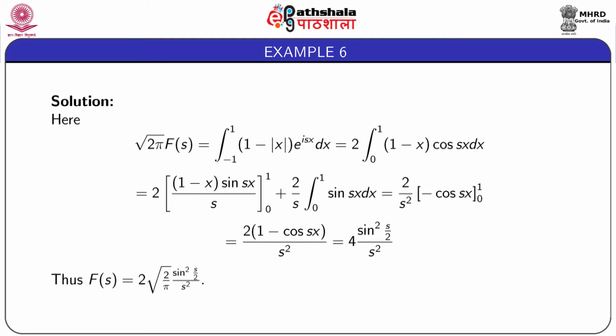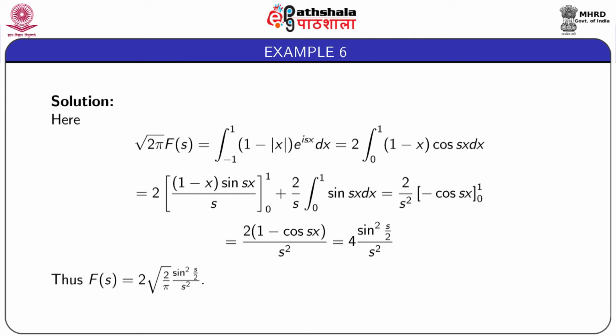So, we integrate by parts, this is a simple integral, and we get 2 into [(1 minus x) sin s x by s] from 0 to 1 plus 2 by s integral 0 to 1 sin s x dx, that is equal to 2 by s square [minus cos s x] from 0 to 1, and that can be simplified as 2 into (1 minus cos s) by s square, which is equal to 4 sin square (s by 2) divided by s square.